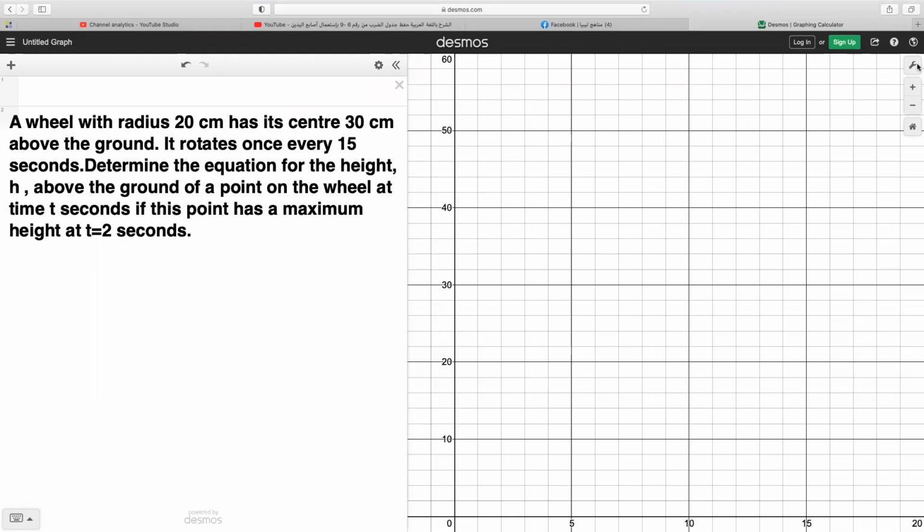So the center line, or the center, equals 30. That's basically your vertical displacement. So that's VD, vertical displacement. Amplitude is the same as the radius.